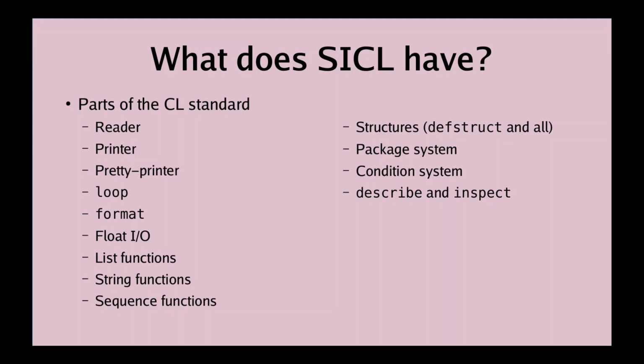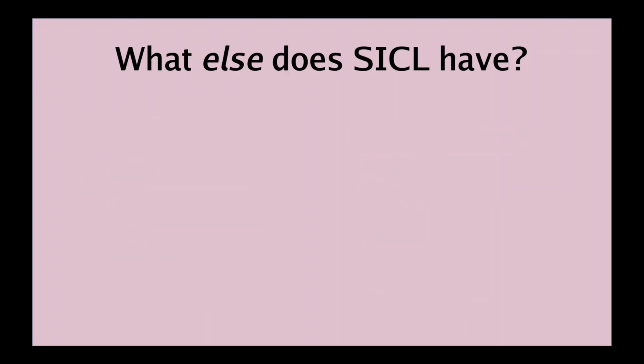There is the whole structure dictionary, so not just the defstruct macro, but everything that is related to structures as well. The package system, the condition system, some simple implementations of describe and inspect. And yes, there's more. There are also arrays, the meta object protocol, an implementation of stream classes, hash tables, standard macros, and as you can guess, there's more.